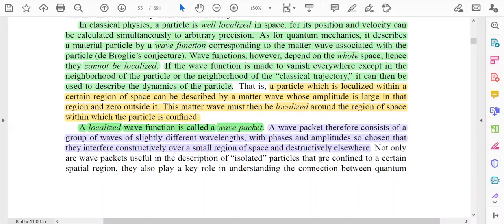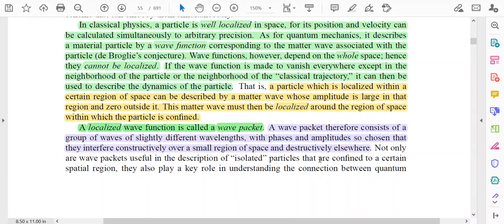A wave packet therefore consists of a group of waves. So it is not a single wave. As the name suggests, this is a packet. Packet means there will be a group of waves of slightly different wavelengths. So the wavelengths of those waves will be slightly different. And what will be the phases and amplitudes? We have to choose the phases and amplitudes of those waves in such a manner that they interfere constructively over a small region of space.